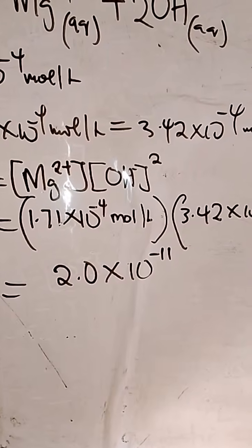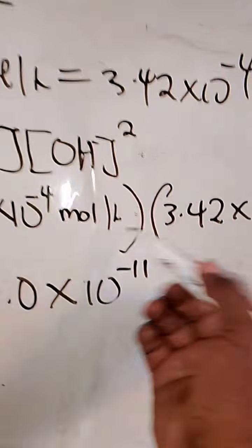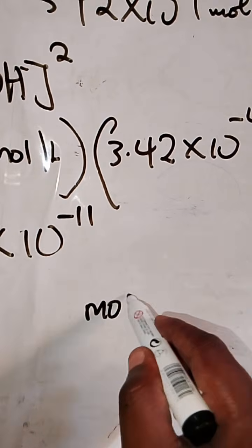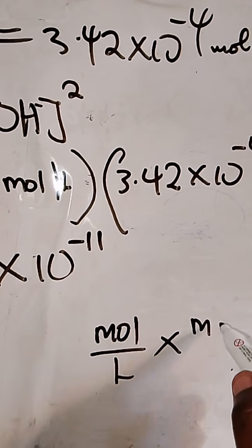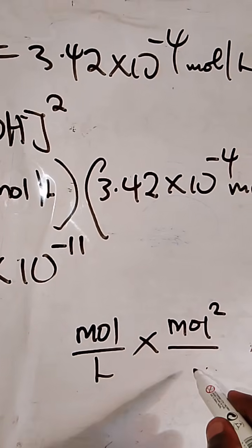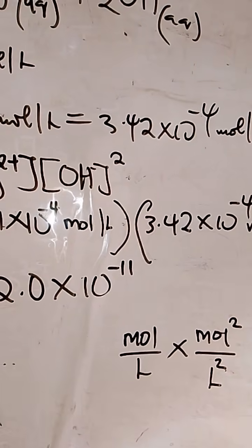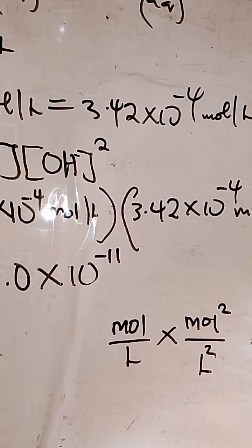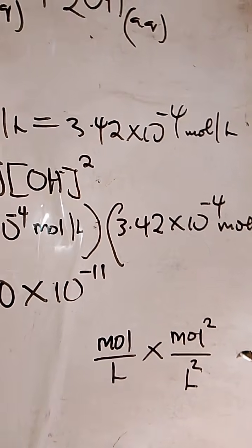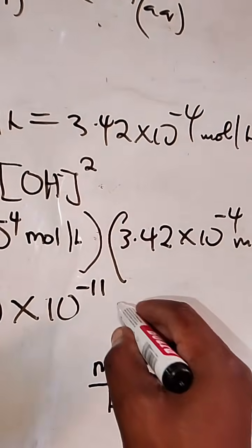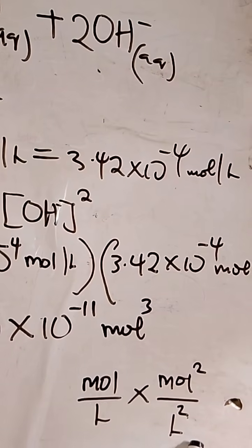So let's now multiply the units. Okay, let's see how the final units will look. Here we have mol per liter times this one squared, mol squared over liter squared.